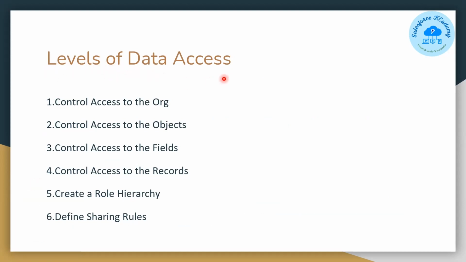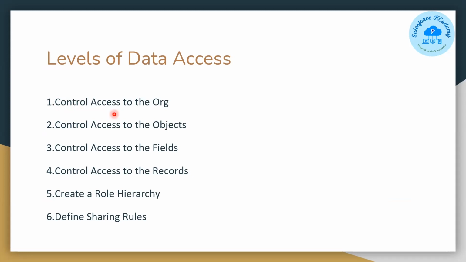If you see the levels of data access in Salesforce, there are 6 levels of data access. At these 6 levels, you can restrict the users, or you can provide access to the users.